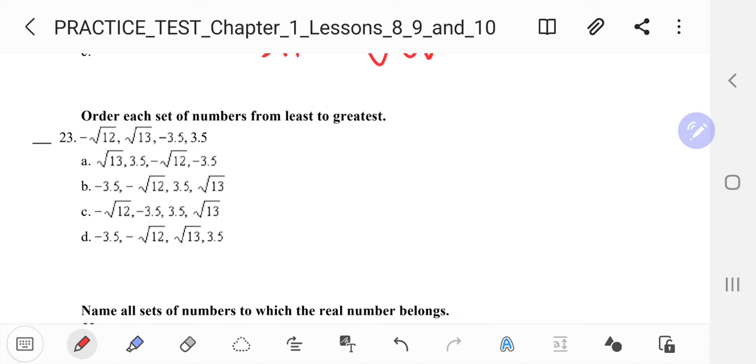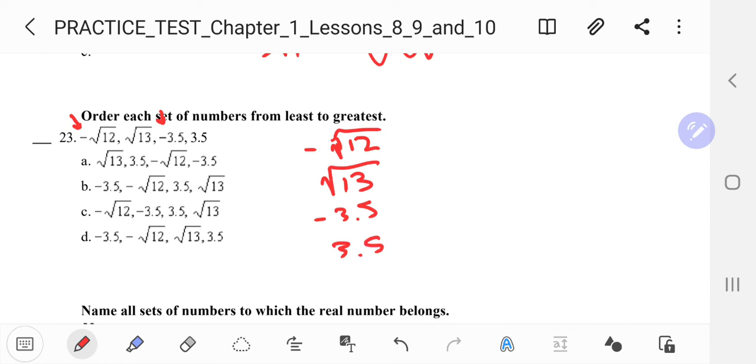Oh, order from least to greatest. Well, I see a negative here and a negative here. So I automatically know those guys are going to be the least ones. All right. But let's line it up and show the work. Right. I'm just going to, never mind, I'll just put them in order. 13, negative 3.5, and 3.5. Okay, I'm going to type it in.